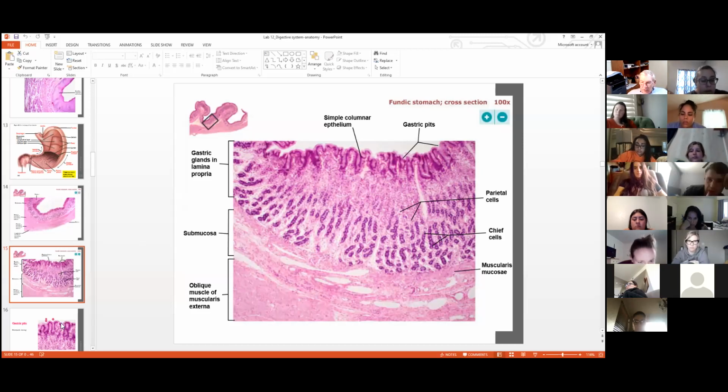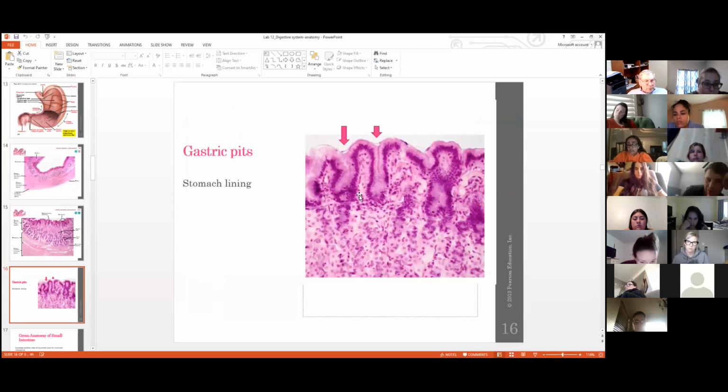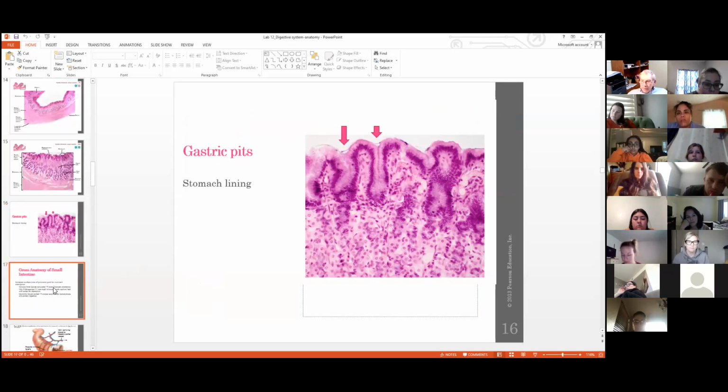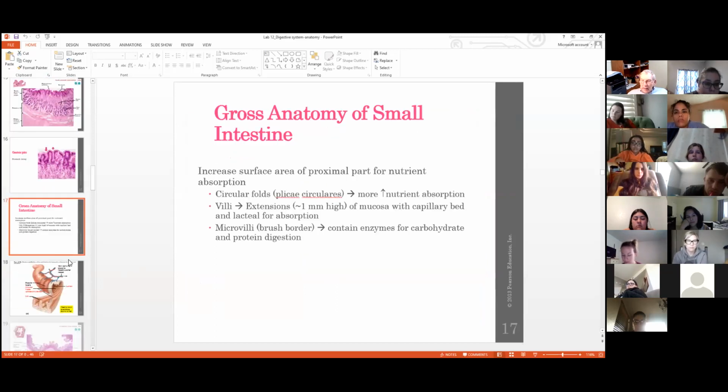And if we get a large enough blow up like this one, we should be able to see simple columnar cells and these gastric pits. Okay, so stomach lining as opposed to the lining of the small intestine.